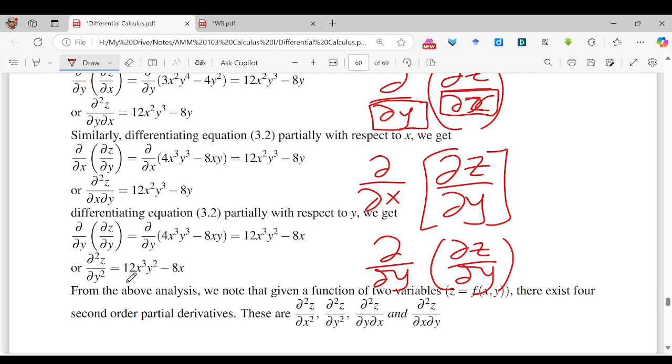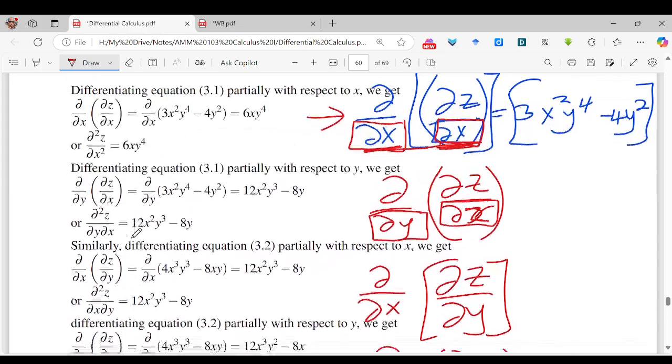But when we differentiate partially with respect to y, we differentiate y cubed to get 3y squared. We differentiate y here to get 1, so we get minus 8x times 1.